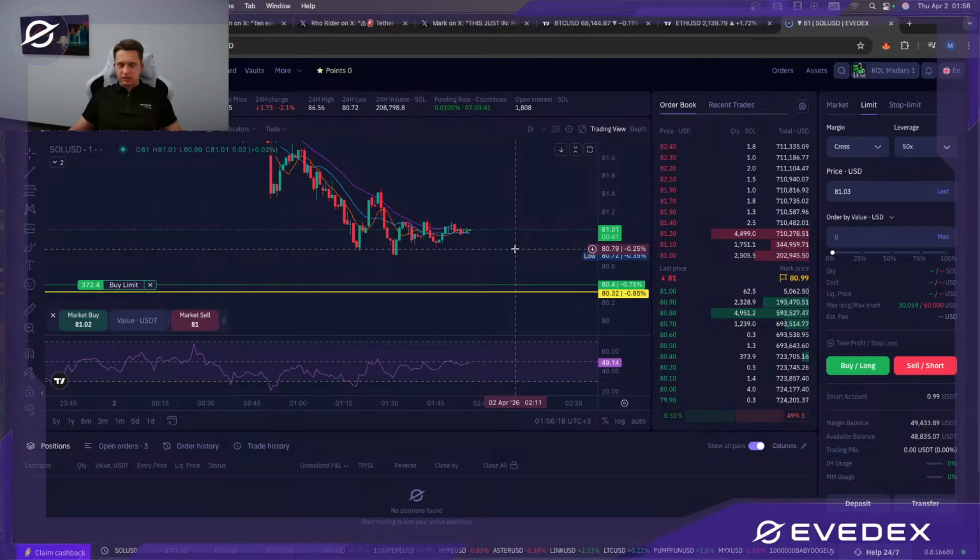So we're going to continue to wait a little bit more to see what happens with the price. Right now we're getting smaller and smaller bodies and even smaller wicks, so the movement is very, very tight.